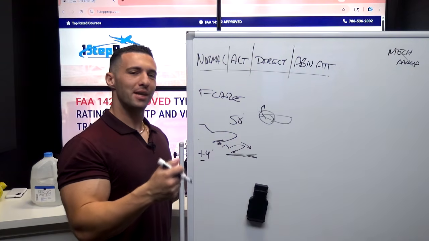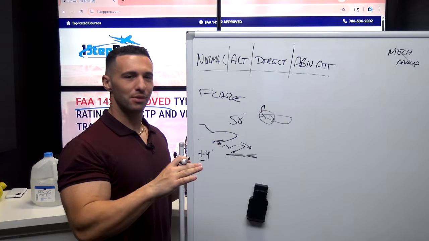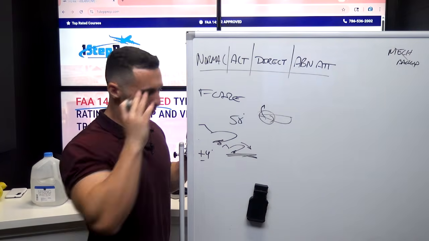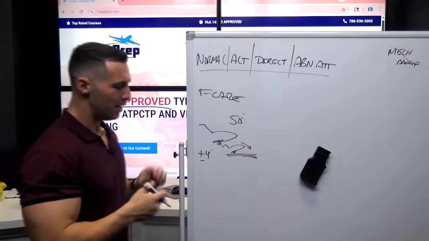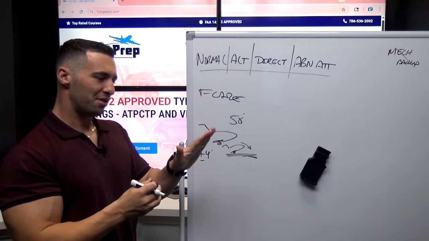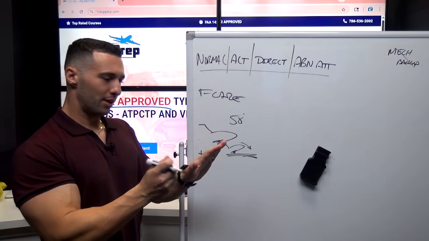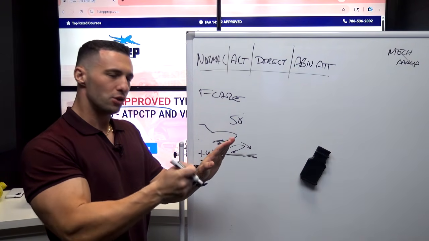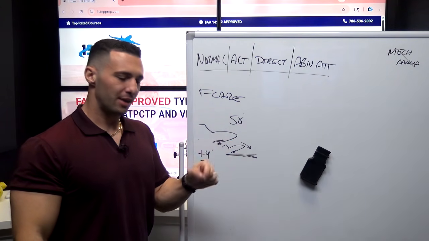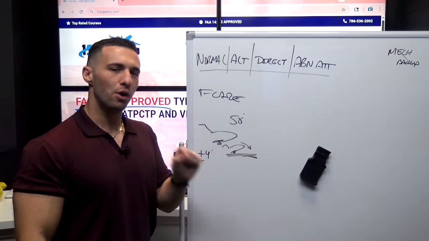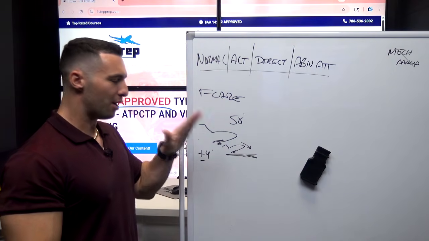And if you don't have an input, that effectively means no pitch change. So think about this for a second. If you're coming up to the runway and you flare and you bring the nose up, and you're looking great, and then you neutralize the side stick and you don't put any input anymore, the ELAC interprets the lack of input as no G change. Translation: do not change the pitch attitude.